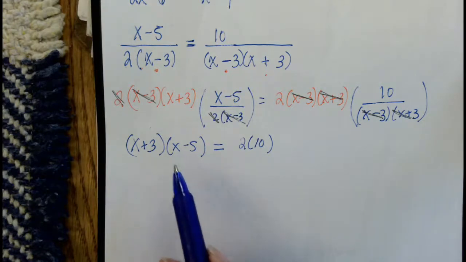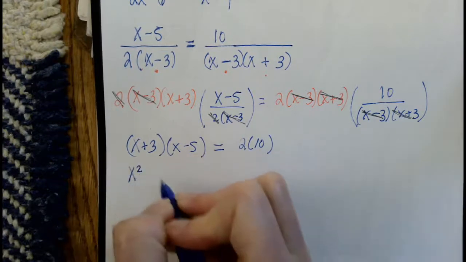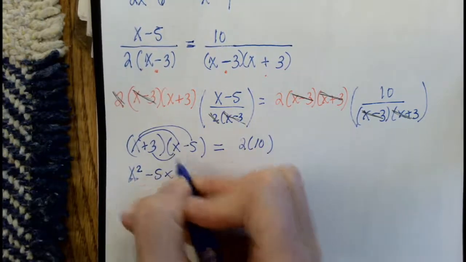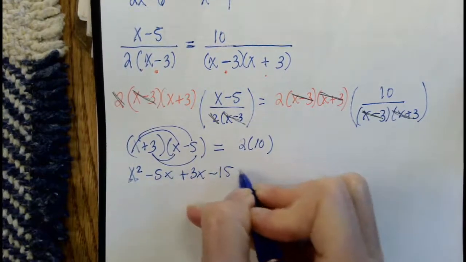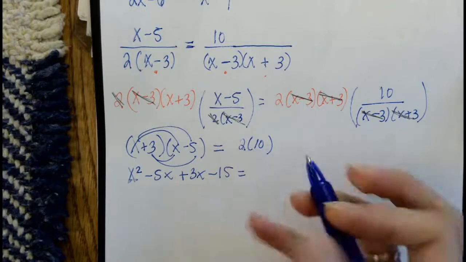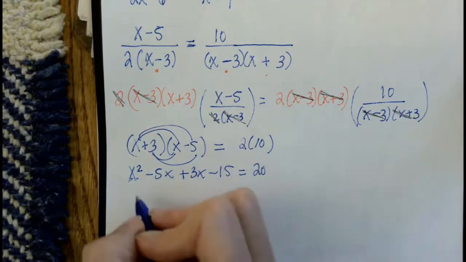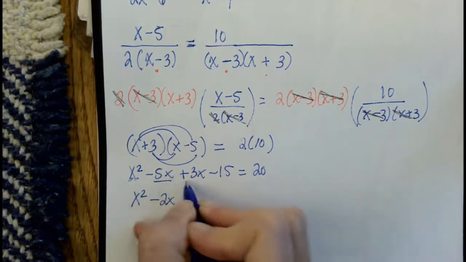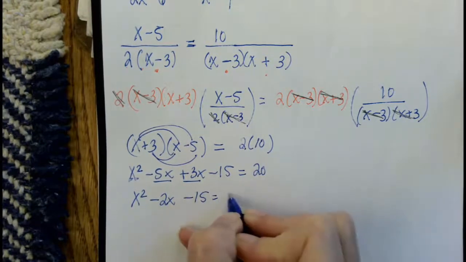Double distributive property, FOIL, whichever one works for you, and we get x squared minus 5x plus 3x minus 15. On this side, 2 times 10 is 20. If we combine like terms, we get x squared minus 2x minus 15 equals 20.